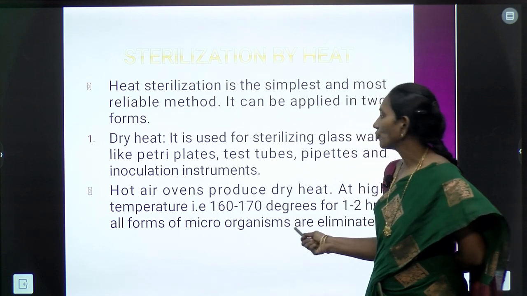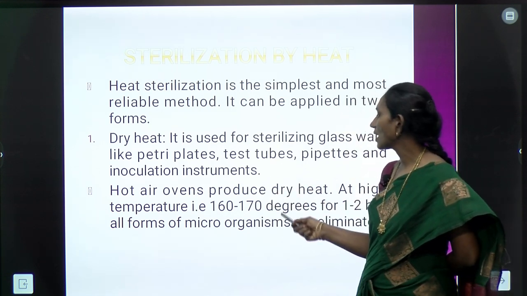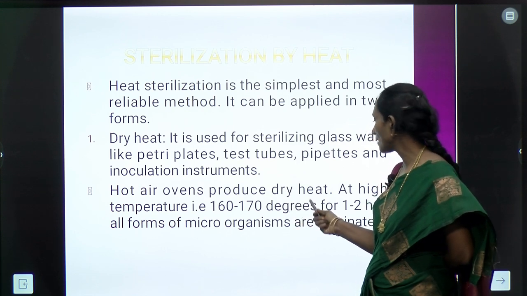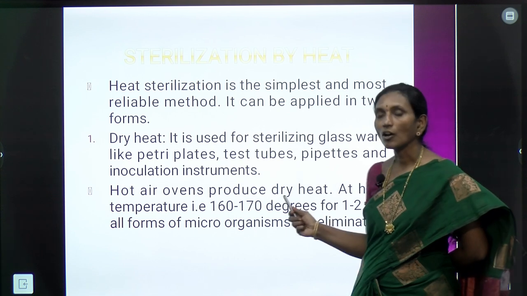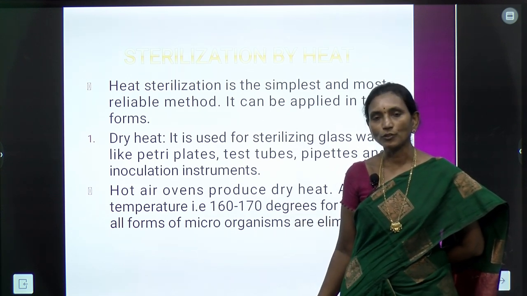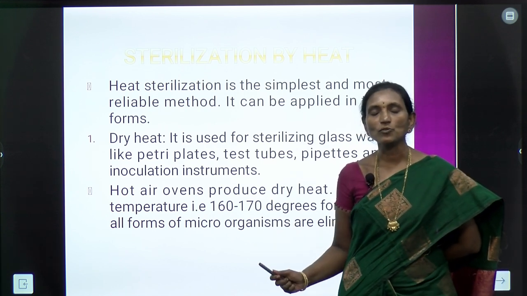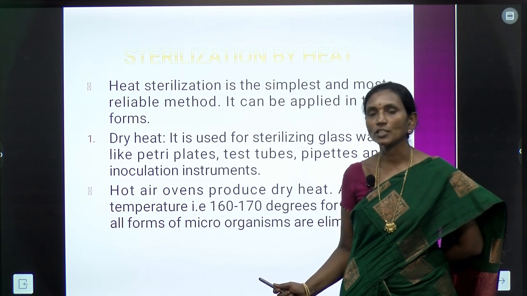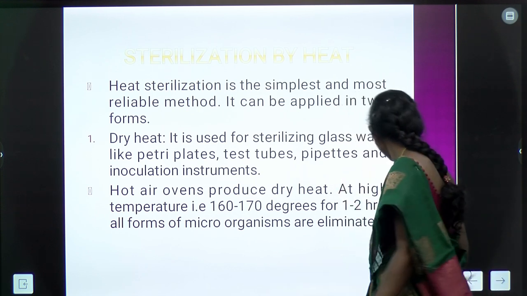In this hot air oven, generally the glass vials or glass instruments are sterilized at 160 to 170 degrees centigrade for 1 to 2 hours. Then all forms of microorganisms will be eliminated. Therefore, we have to sterilize the instruments which are used in the tissue culture through hot air oven by applying the dry heat.